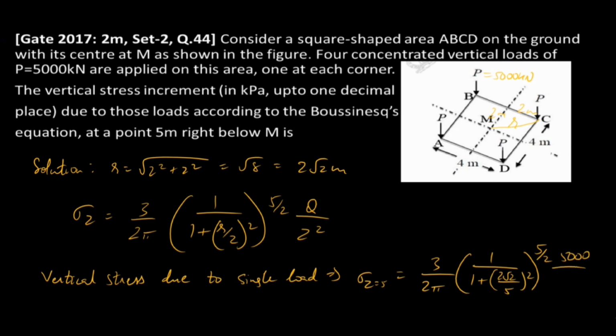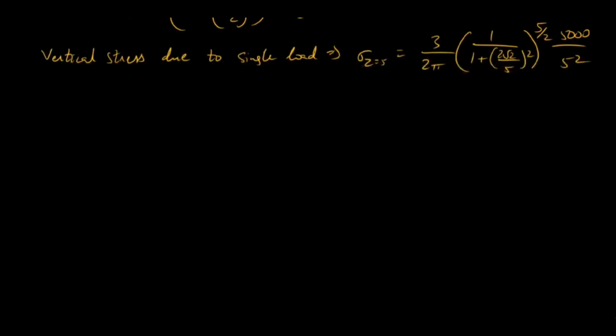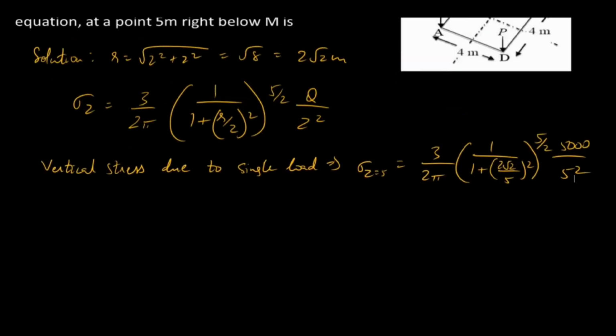Q will be equal to 5000 divided by z square, that is 5 square. This one is for a single point load.